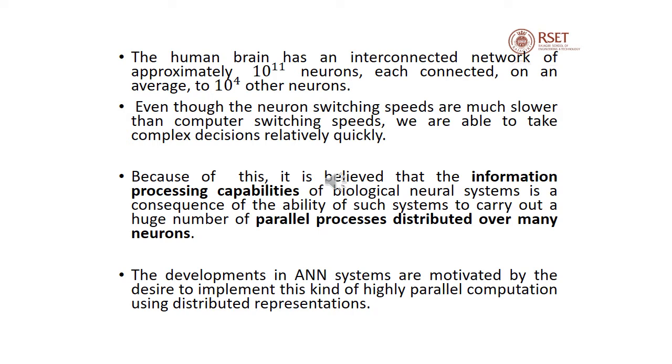Because of this, it is believed that the information processing capabilities of the biological neural system are a consequence of the ability of such systems to carry out a huge number of parallel processes distributed over many neurons. The developments in ANN systems are motivated by the desire to implement this kind of highly parallel computation using distributed representations.